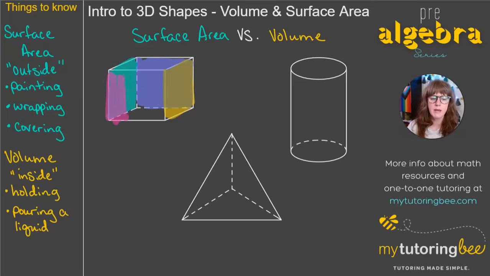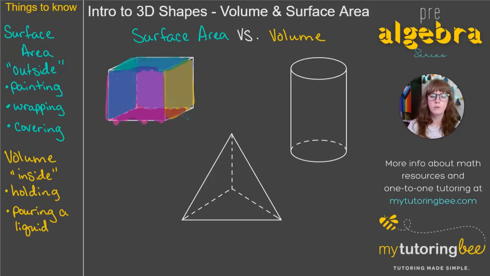Now, if we're just painting the outer walls, let's call these the front, the back, the right, and the left sides of this rectangular prism, then that would be the lateral surface area. However, if we want to include the total surface area, then we want to include that top lid of the box, as well as the bottom or the floor of the box.